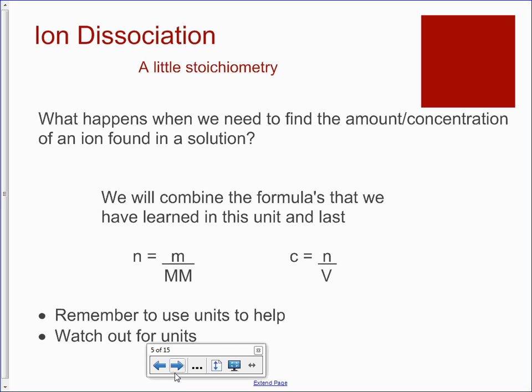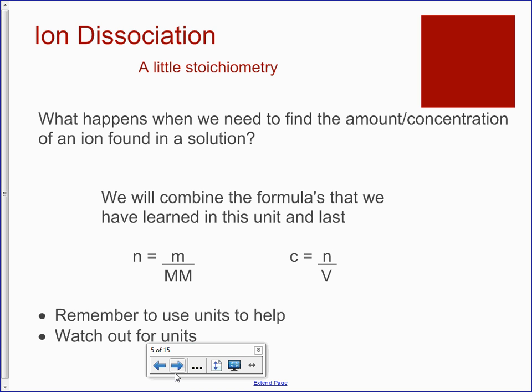So moving on into ion dissociation, we're going to get back into a little stoichiometry. In the previous examples, we've been dealing with questions where we need to find the concentration of a compound. What happens if we need to find the amount or concentration of an ion found in solution?